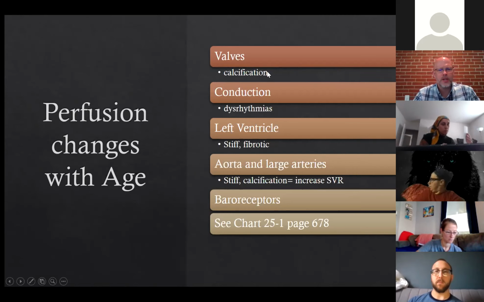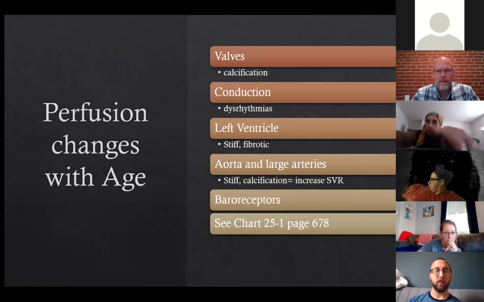As we age, the conduction within our heart starts to change. Conduction becomes delayed between the SA node and the AV node. We're more likely to experience dysrhythmias, more sensitive to things like caffeine, things like the drugs that we have, foods and things that can excite the heart are more sensitive as we age. Also, over time, because of usually hypertension, the left ventricle becomes more stiff and fibrotic, which means not only does it not squeeze as well, but it doesn't relax as well.